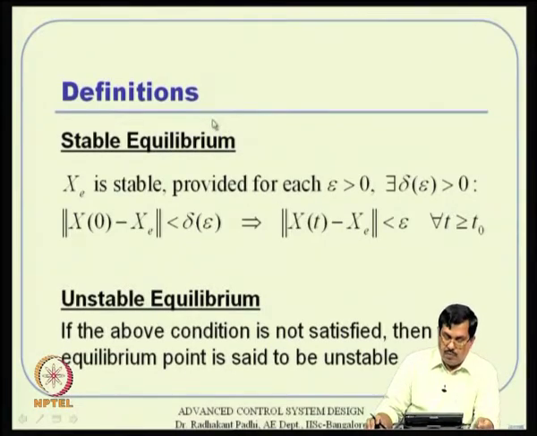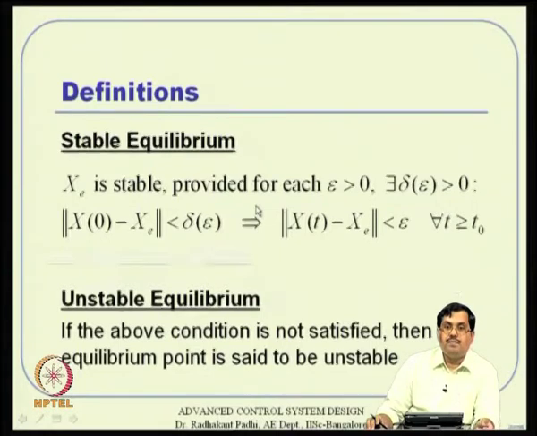There are a bunch of definitions that we studied, and the first is what is called a stable equilibrium. In other words, if you start within some finite ball, then for all time your trajectory remains in another finite ball, and the radii of these balls can be functions of each other in general. That is the weakest notion of stability, and if it does not satisfy that, then it is unstable.